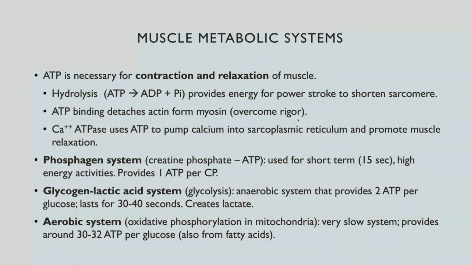And basically we have some ways of obtaining ATP that we can summarize with these three. We have what we call the phosphagen system. That is a system that provides energy for a very, very tiny time. When the mitochondria produce ATP, some of it will be stored as creatine phosphate.